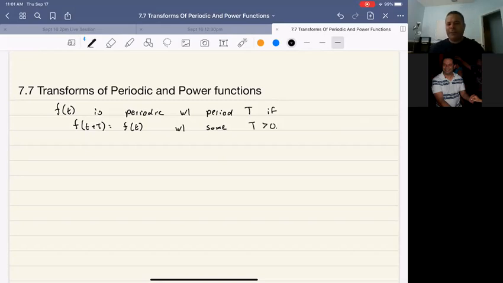A typical example is your sine function. If you look back at the last video I made in 7.6, we dealt with a sine function on a period. So a lot of what we're going to do right at the beginning is going to mimic that, okay?